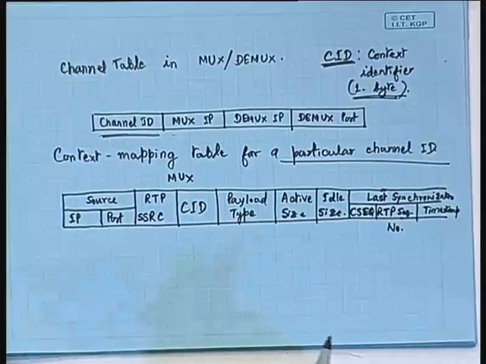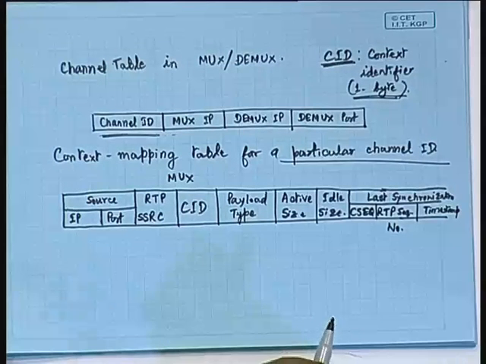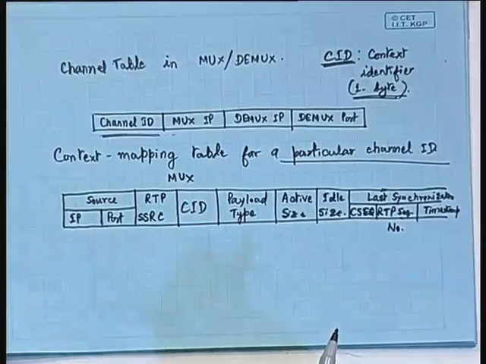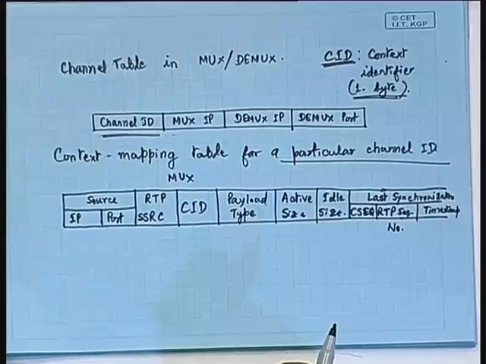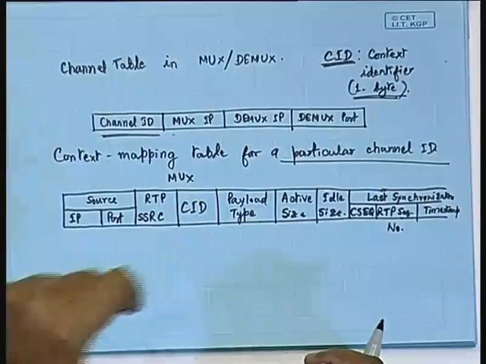So, what the multiplexer does is that when it receives a voice packet at its input, when the RTP packet comes from the actual source to the multiplexer, it identifies the source with its IP address, and for every session a unique CID, context ID, is assigned.